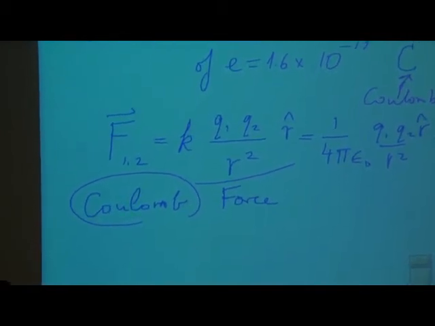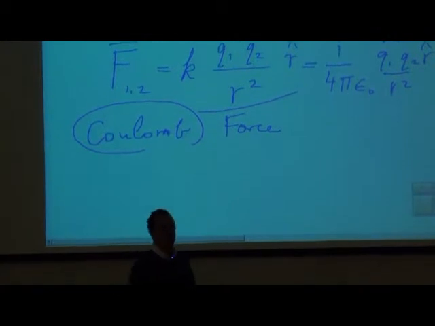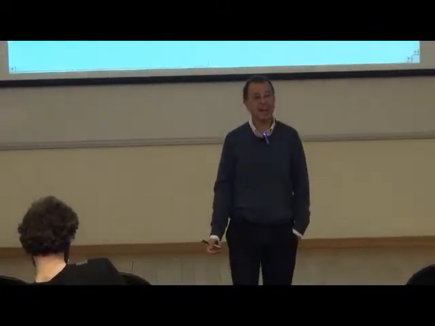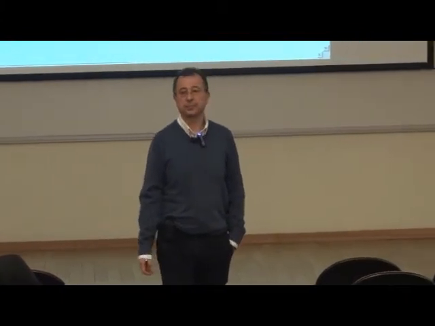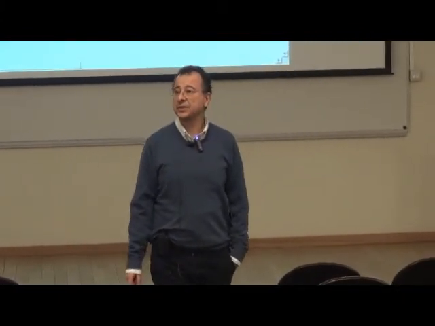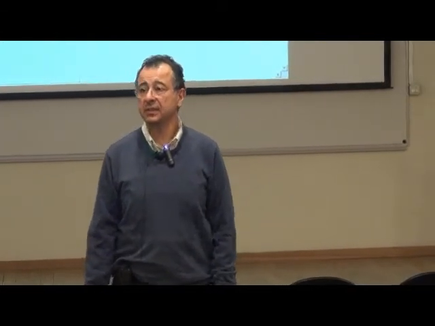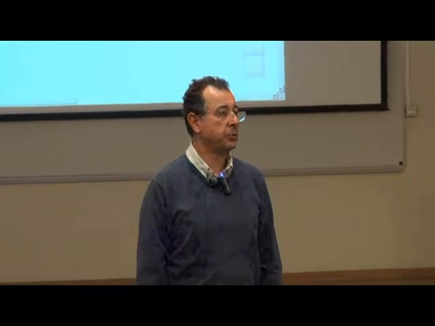This constant in front, that I called K, the proportionality constant, in our SI system of units, is sometimes written not just as K, but in terms of another constant that's called epsilon 0. K is defined as 1 over 4 pi epsilon 0. This may sound strange.